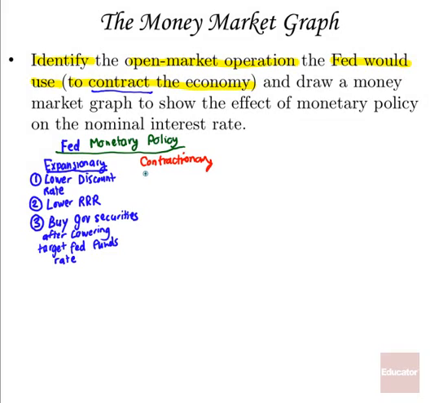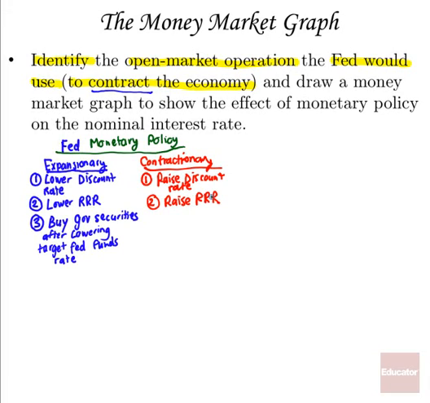So let's take a look here at what the Fed could do to contract the money supply. They could raise the discount rate. They could raise the required reserve ratio, which is the amount of money that banks are required to hold onto in their vaults, basically.